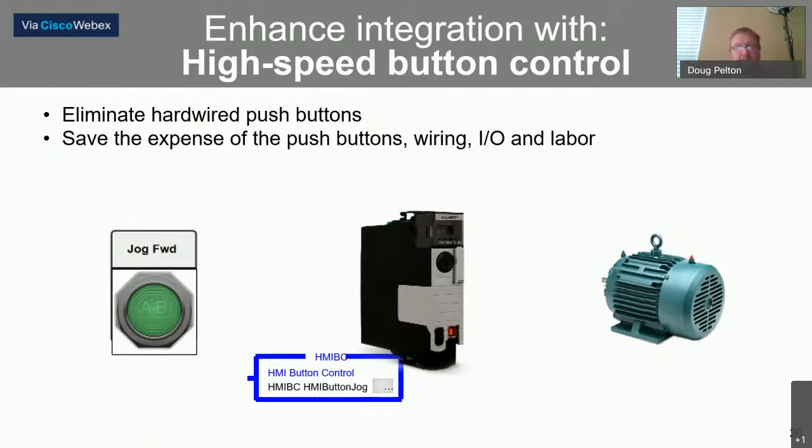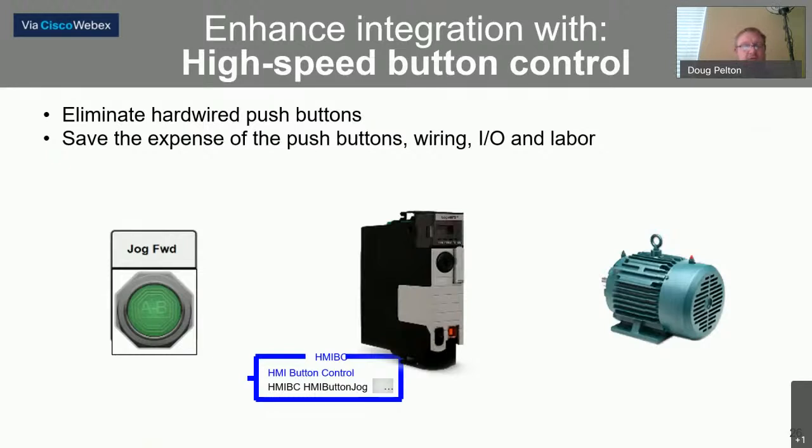You program a high-speed push button in the controller, and it goes in your I/O tree. Then when you configure that push button in the HMI, it's actually seen as an I/O connection. It eliminates any latency in the network, is what I'm trying to say. And where this comes in handy is it takes priority, right? It's going to be I/O, so it's the first thing that the controller sees.